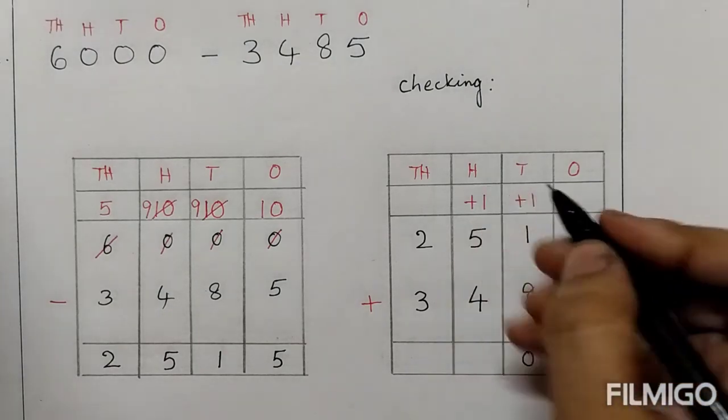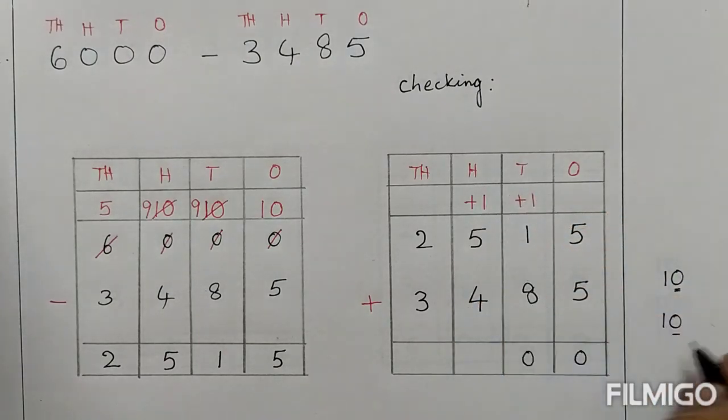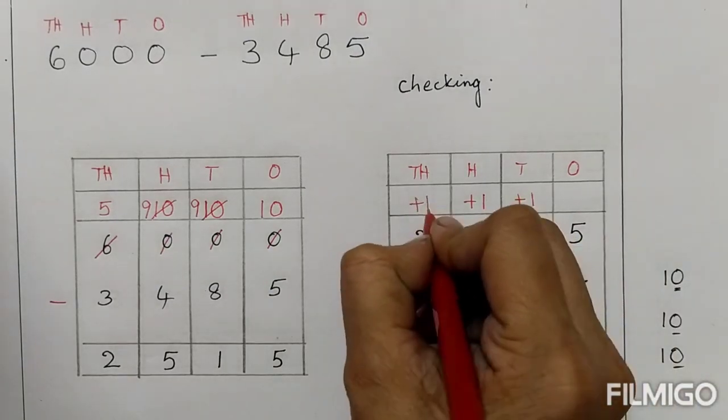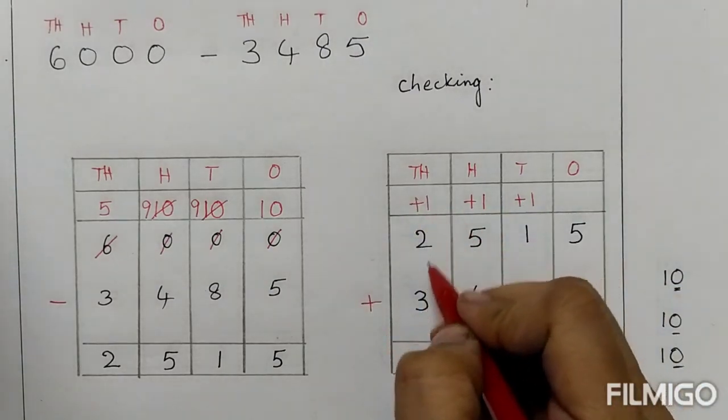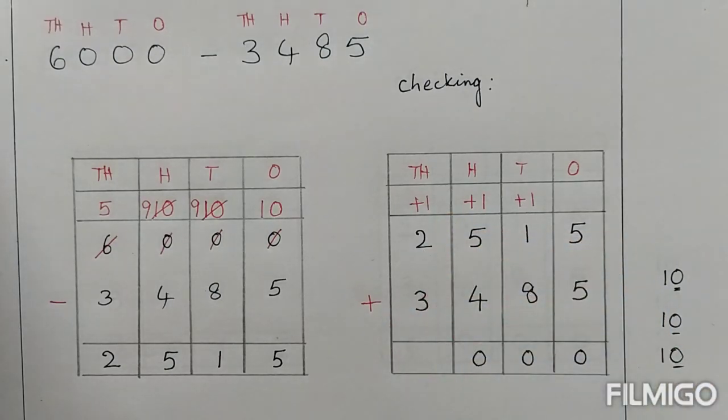Now in hundreds column 1 plus 5 is 6, 6 plus 4 is 10. Again 0 in hundreds column and 1 will go to the thousands column as a carry forward. Now in thousands column we have 1 plus 2 is 3, 3 plus 3 is 6.